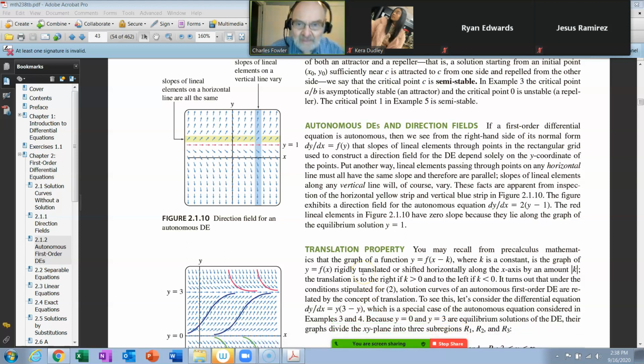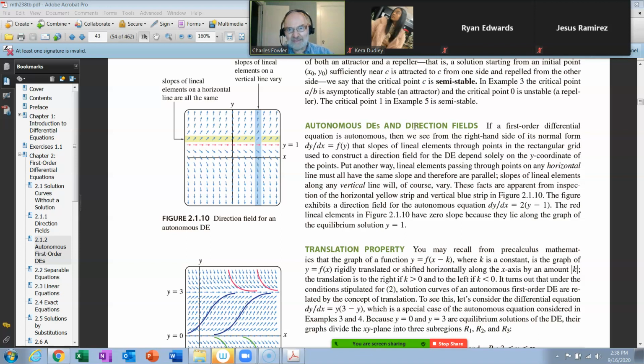Okay. Now, Jesus, we're on page 43, chapter 2, first order differential equations, section 2.1, specifically section 2.1.2, autonomous differential equations, and we're looking at autonomous differential equations and direction fields, these two concepts that we tied together.